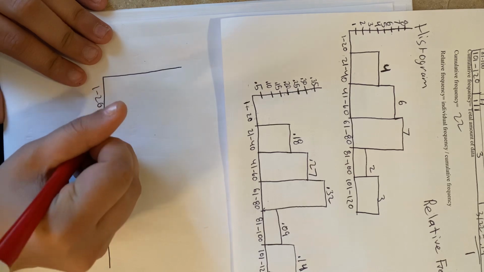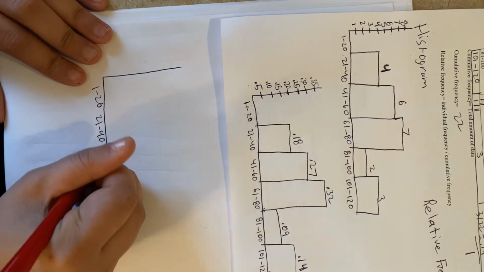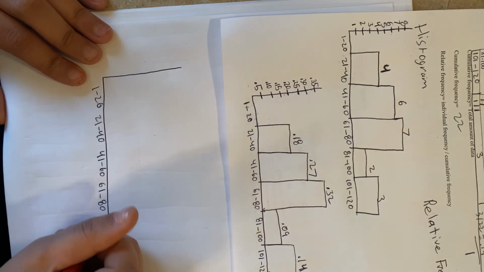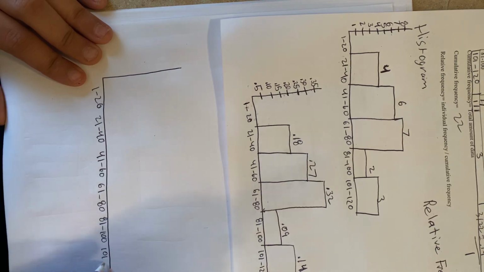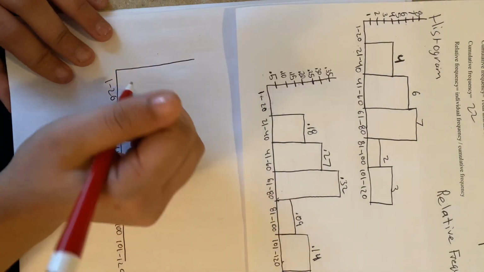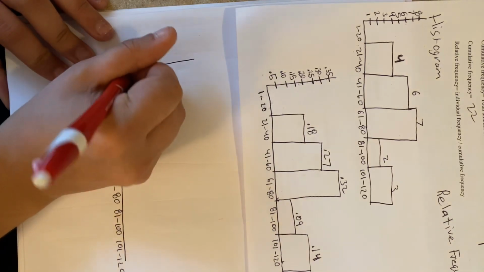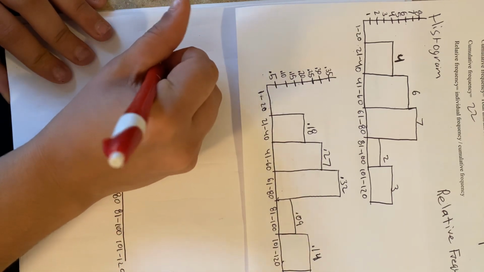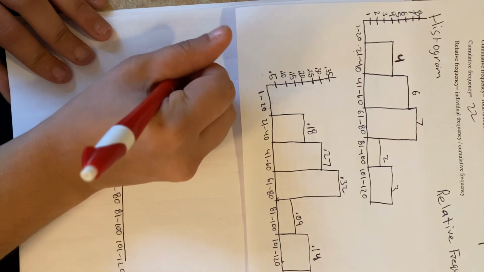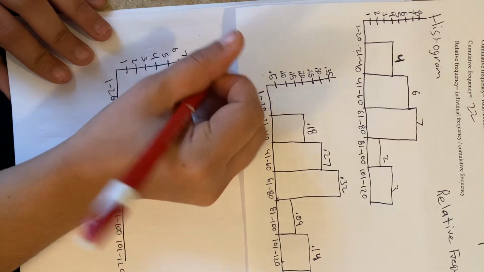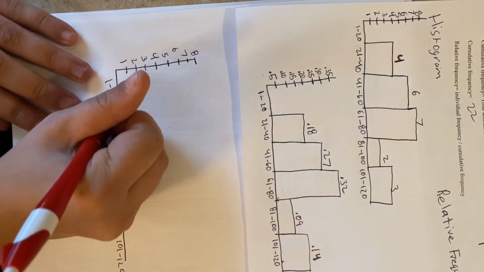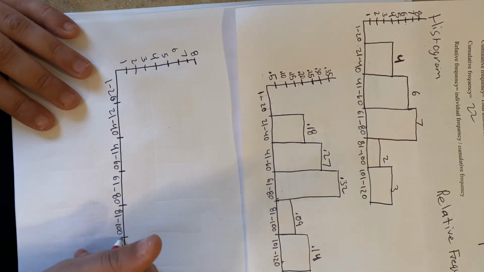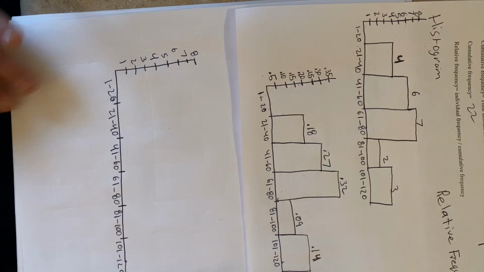The bins are 1 to 20, 21 to 40, 41 to 60, 61 to 80, 81 to 100, and 101 to 120, in increments of 8. I like to draw little lines for my frequency bins to know that these are my 81 to 100 and so on.